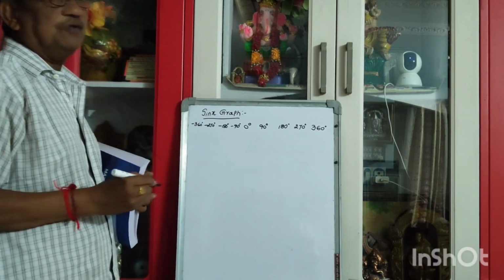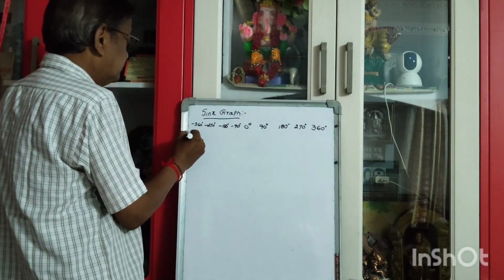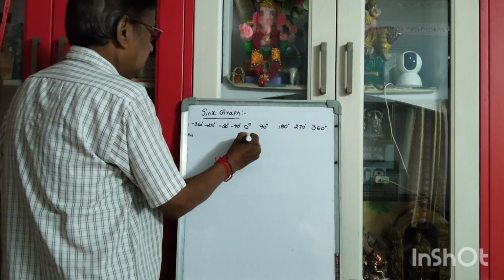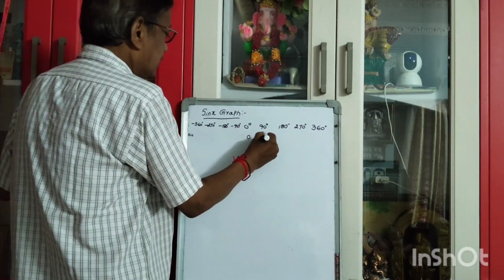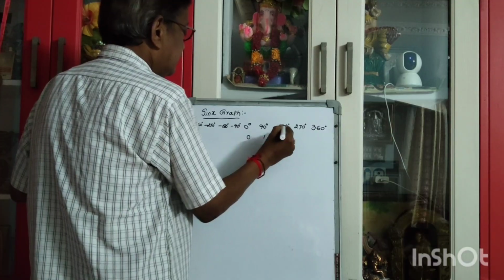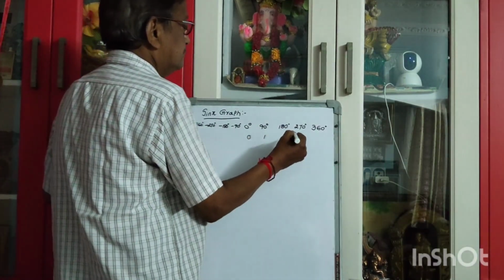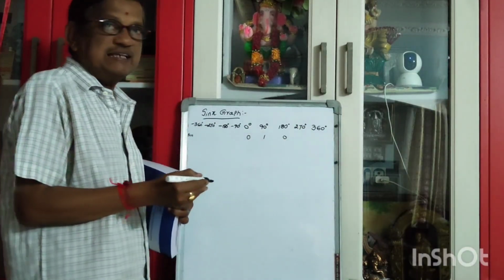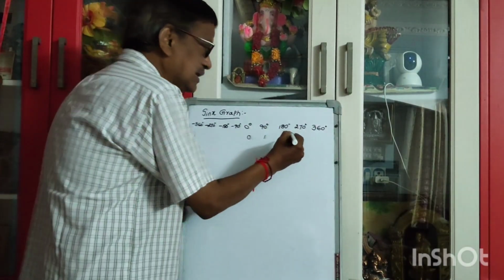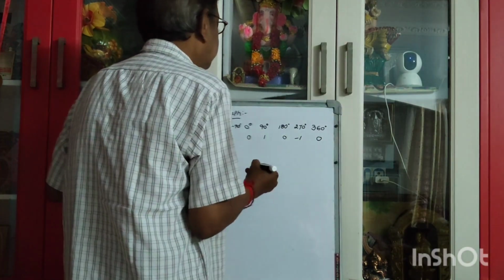Now the values of sin: sin 0 is 0, sin 90 is 1, sin 180 is 0, sin 270, 180 plus 90, minus sin 90, minus 1, sin 360 is 0.